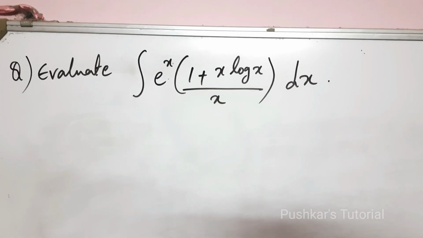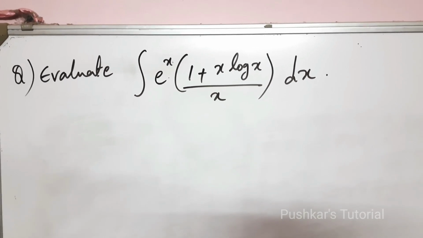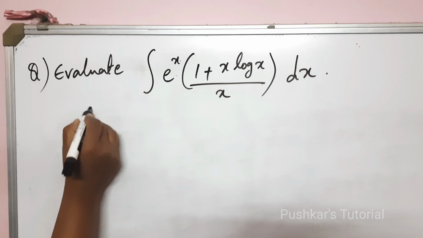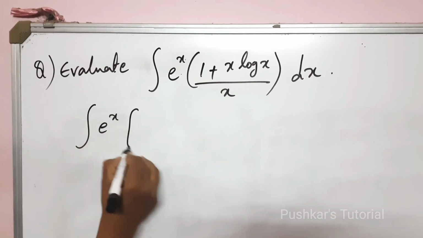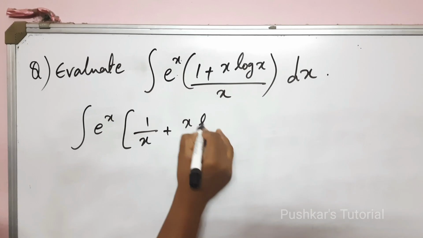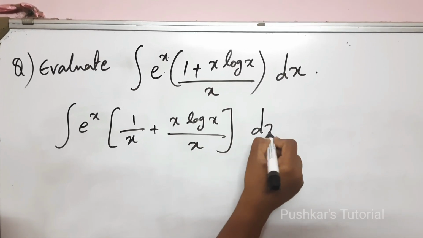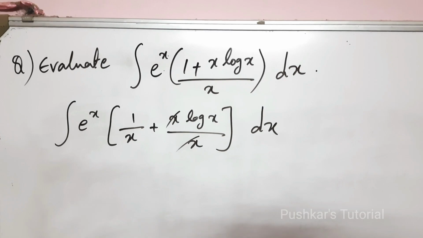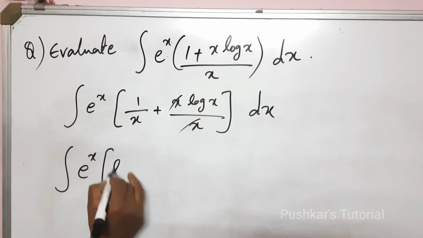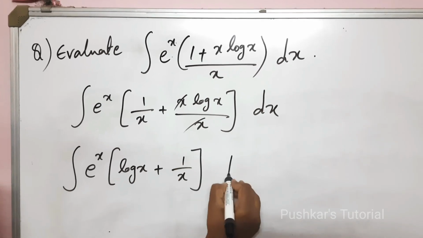Evaluate the integral of e^x (1 + x log x) by x. So e^x is outside, and inside the bracket two terms are there. So e^x as it is, I am separating the division: 1 by x + x log x by x, into dx. Now x gets cancelled. The integral of e^x into, first I am writing log x, then I am writing 1 by x, into dx.